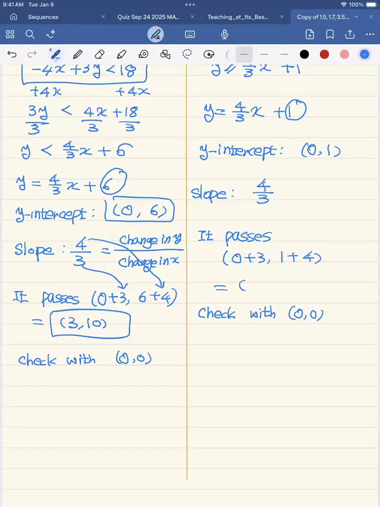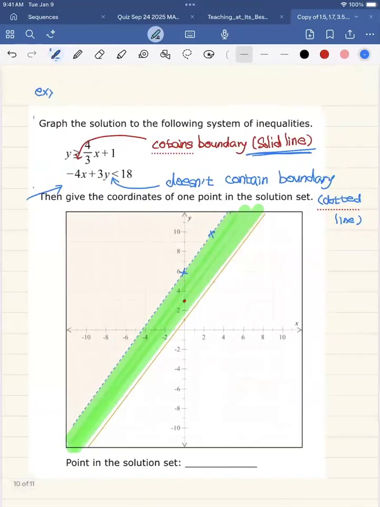So that is (3, 5). So we have to join (0, 1) and (3, 5). So we mark (0, 1) and (3, 5) here. And we have to join with a solid line.